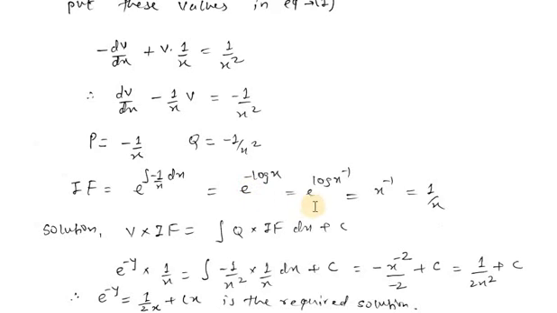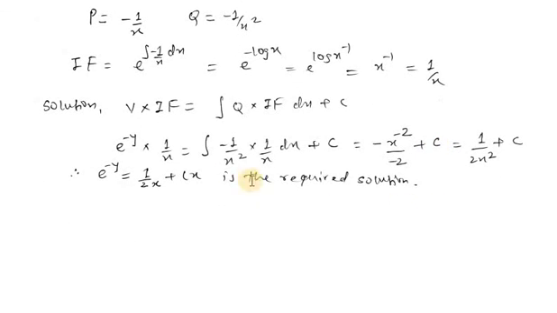Now applying the property of logarithm, it will become e raised to log x raised to minus 1. Again applying the property of logarithm, it will become x raised to minus 1, and x raised to minus 1 is 1 upon x. Now the required solution is v into IF equals integration q into IF dx plus c. V is e raised to minus y, IF is 1 upon x, q is minus 1 upon x square, IF is 1 upon x, dx plus c.